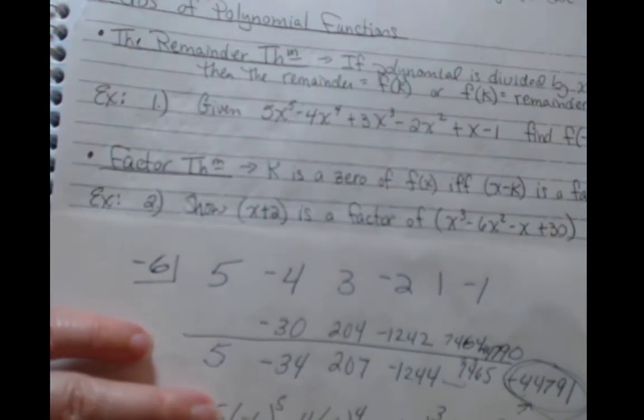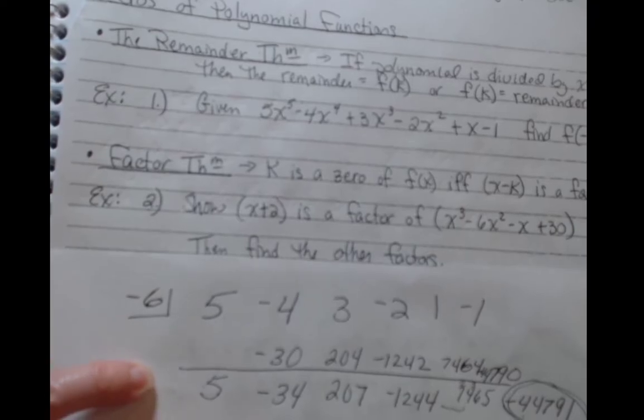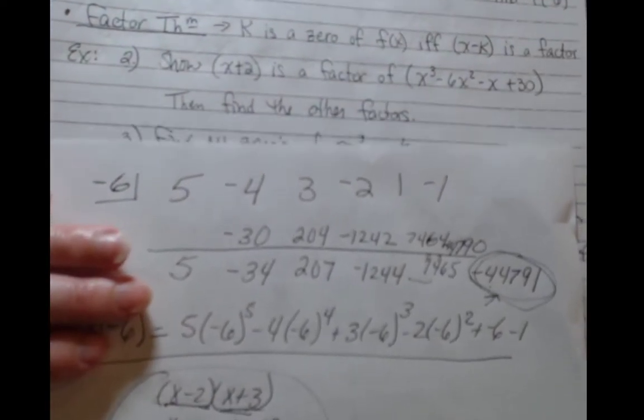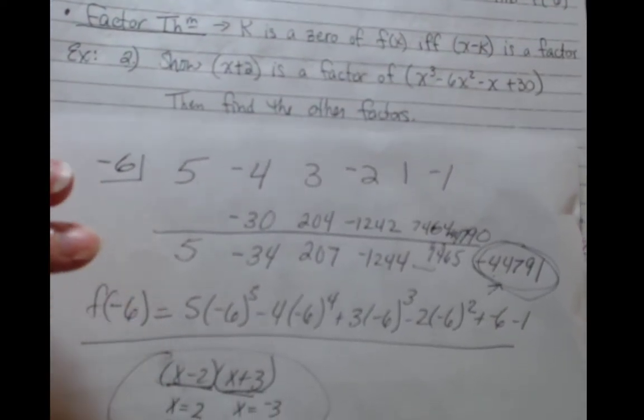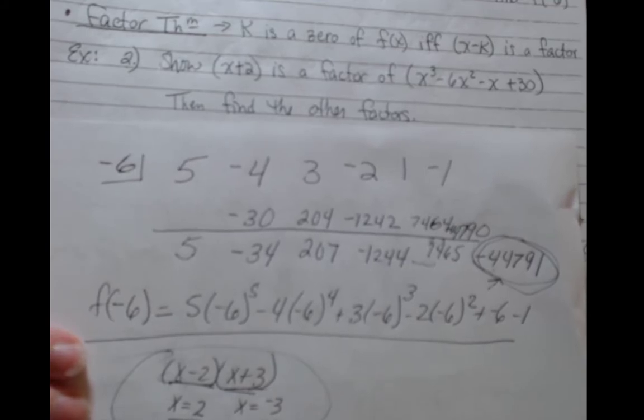Alright, so show x plus 2 is a factor. To show it's a factor, we can show that k is a 0. We could do that two ways.